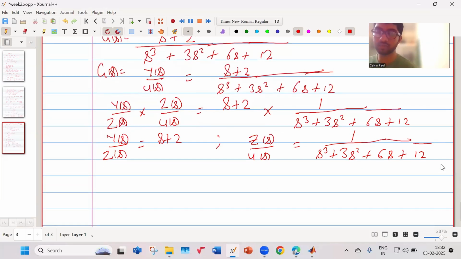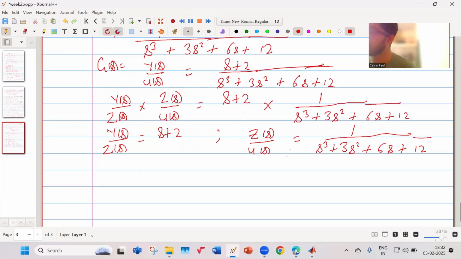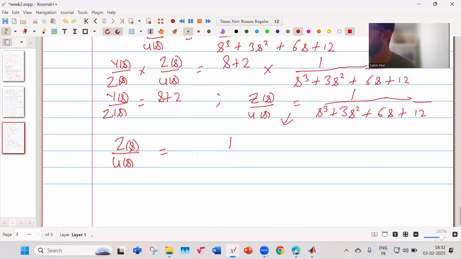So now what do we do? We will consider this transfer function z of s upon u of s, which is equal to 1 upon s cube plus 3s square plus 6s plus 12, and we will cross multiply.